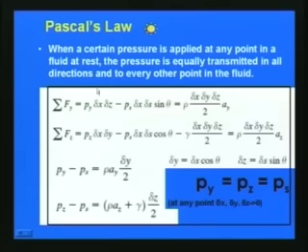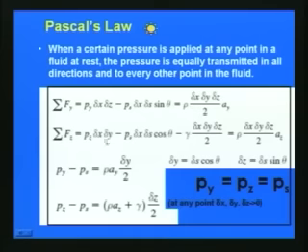So, with respect to the fluid element which we have considered, sigma Fy can be written as Py into delta x into delta z minus Ps into delta x delta s sin theta, which is equal to rho into delta x delta y delta z by 2 into Ay, where rho is the density of the fluid and Ay is the acceleration of the fluid element. Here we are using Newton's second law: the total force is equal to mass into acceleration.